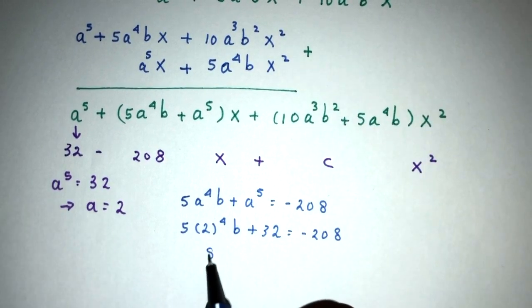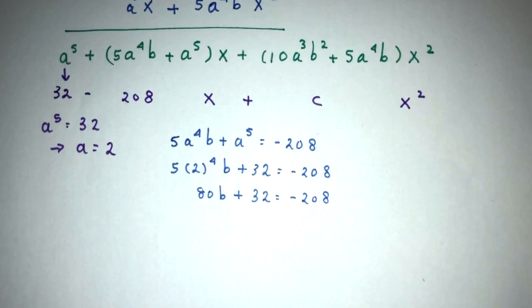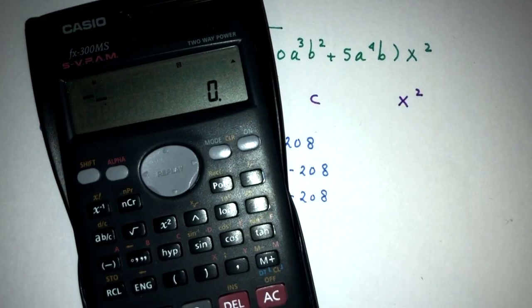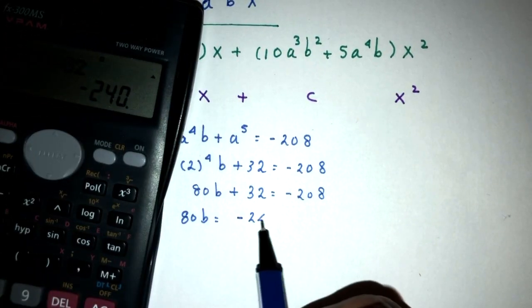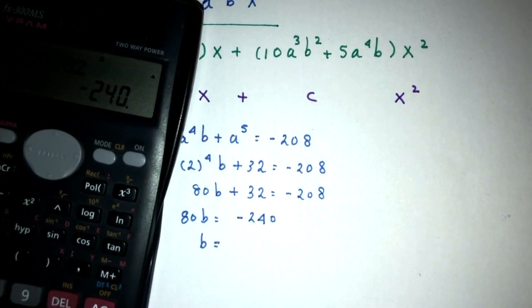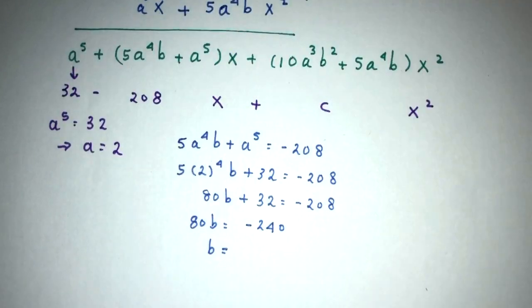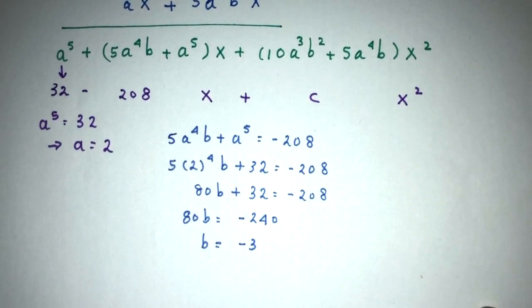That will be 80. 80b plus 32 has to be minus 208. Simplify, 80b has to be minus 208 minus 32, that should be minus 240, so b has to be this divided by 80, that should be minus 3. So the value of b will be minus 3.